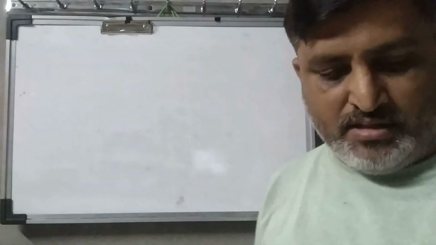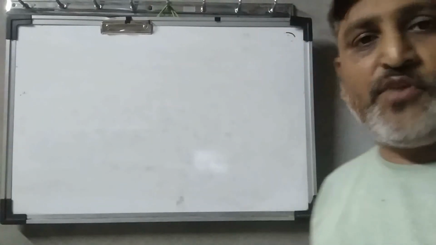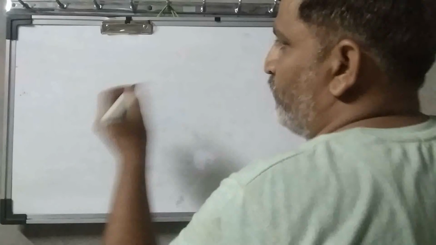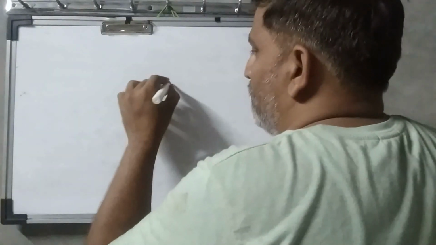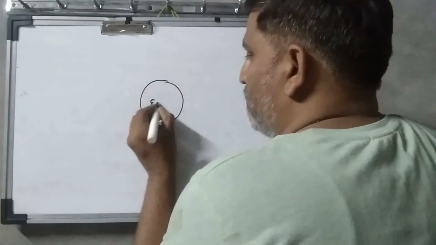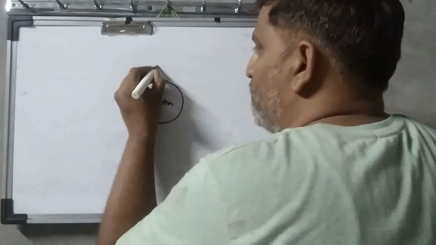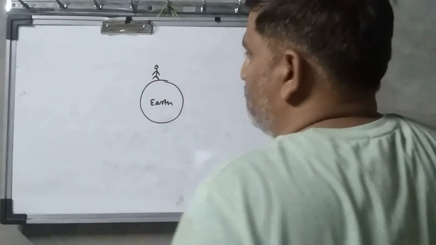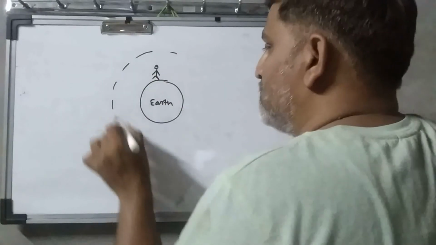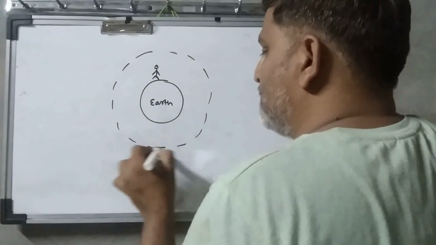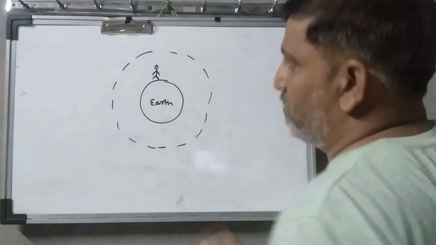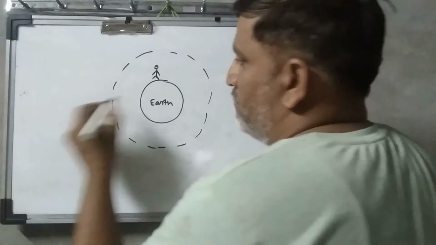Let's see another concept related to the refraction of light. Assume that this is the earth and the person is over here on the earth. This is the atmosphere, the layers of the atmosphere.